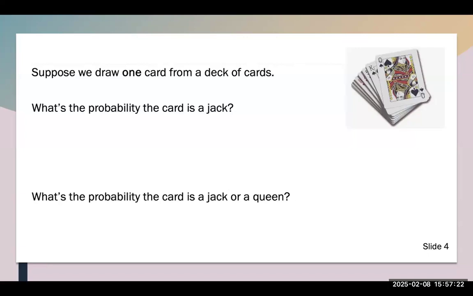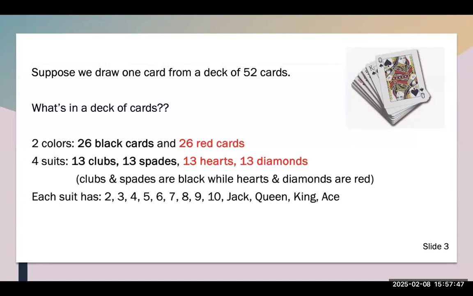All right, suppose we draw exactly one card from a deck of cards. Whenever we draw from a deck of cards, we're assuming it's our standard deck, 52 cards, no jokers, and it's well shuffled. So I'm going to draw one card from a deck of cards. What's the probability that my card is a jack? Well, we have to think about how many jacks are in a deck. If we go back real quick, we see that each suit has a jack.